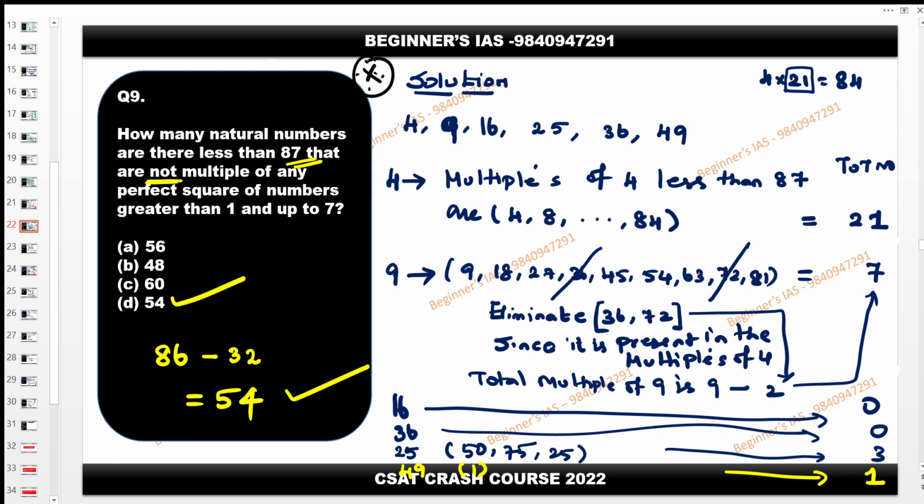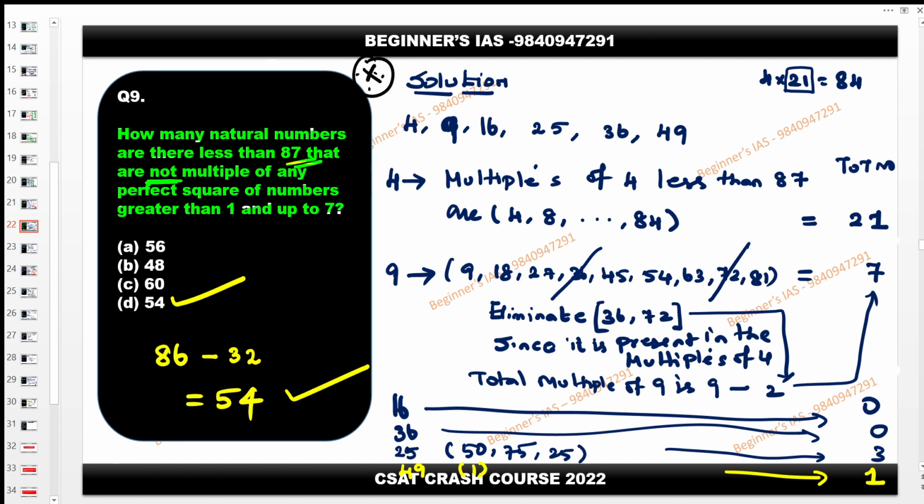Listen, how many natural numbers are there less than 87 that are not a multiple of any perfect square of numbers greater than 1 and up to 7? Not a multiple of a perfect square of the numbers.